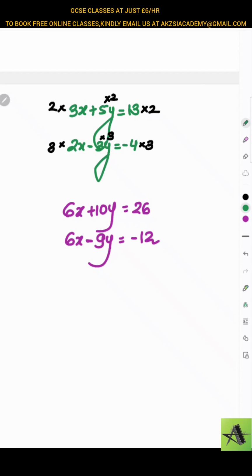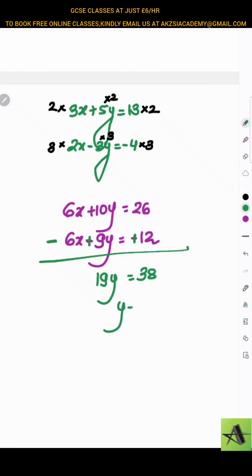Now I can subtract. Positive, positive. On subtracting, the sign will change. 6x minus 6x will become 0. This will become 19y and this will become 38.